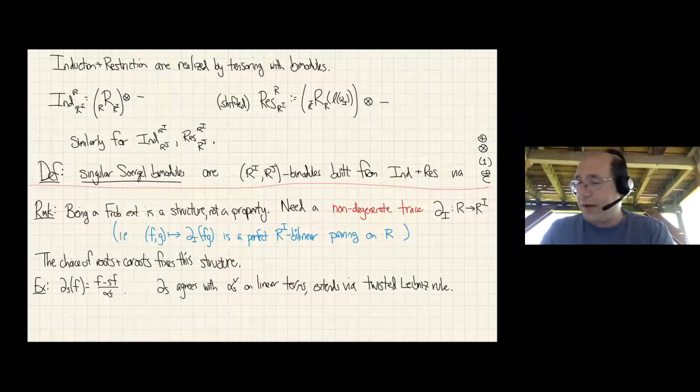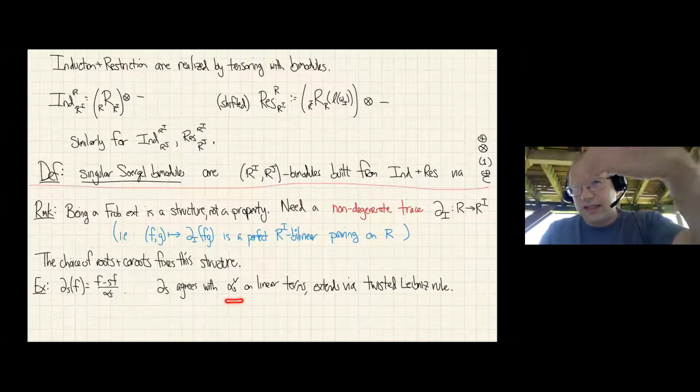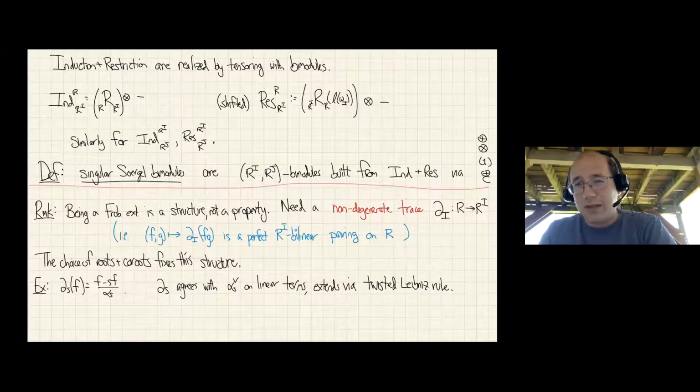But another way of defining the operator is to observe that it agrees with the co-root on linear terms. It takes linear things to constants, so it takes linear things to numbers. On linear things, it acts by an element of V dual. And then you can also extend it via the twisted Leibniz rule. Roots and co-roots are related to each other. You can't just rescale one without rescaling the other. So the choice of roots and co-roots pins down this operator.